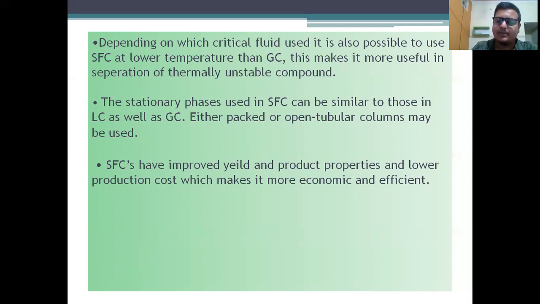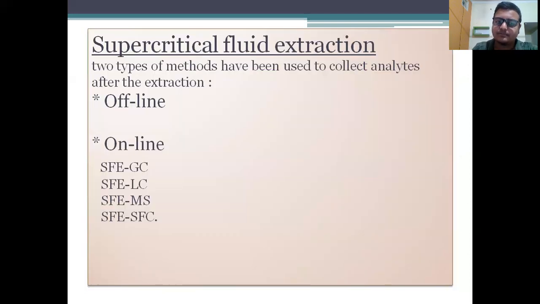By all these advantages, the supercritical fluid extraction method provides more yield compared to other methods, and it is more economic and efficient even compared to gas and liquid chromatography.